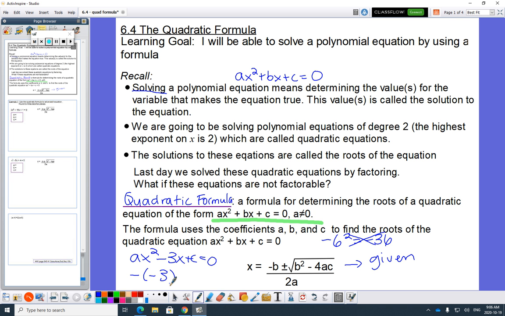Just like we've been doing, a parabola has symmetry, which means there are often two solutions. We'll look in the second lesson at how to tell whether there's one solution, two solutions, or no solutions. That's why there's this plus minus here. When you do square rooting, there's a positive answer and a negative answer.